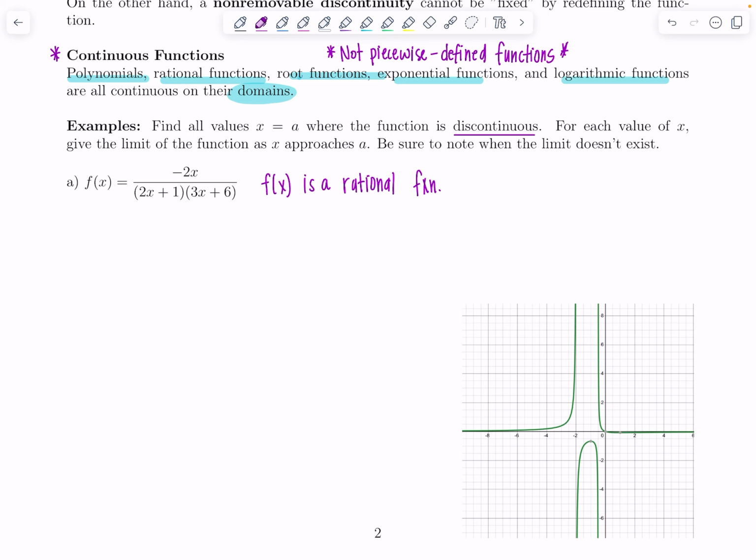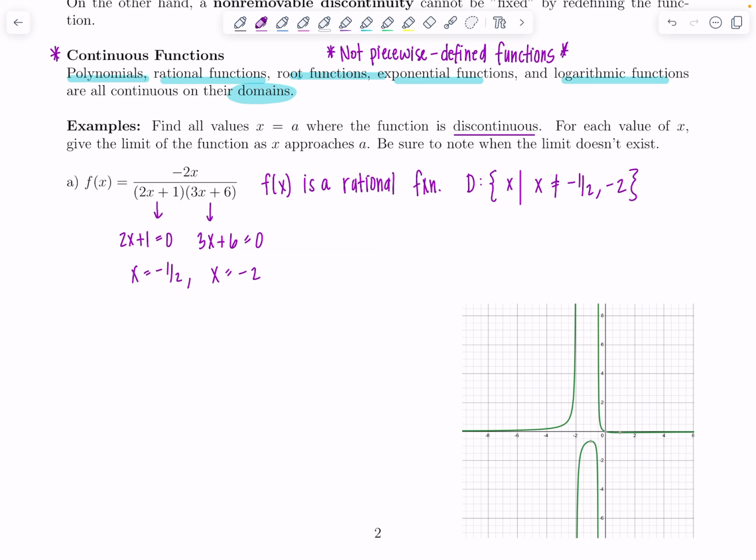So when we have a rational function, remember, we don't want the denominator to equal 0. So the restrictions are going to come from setting each of the factors of the denominator equal to 0. So what we don't want is for 2x plus 1 to equal 0 or 3x plus 6 to equal 0. So I don't want x to equal negative 1/2, and I don't want x to equal negative 2. So if I list the domain for this function, remember, you write all x's such that x cannot equal negative 1/2 or negative 2.